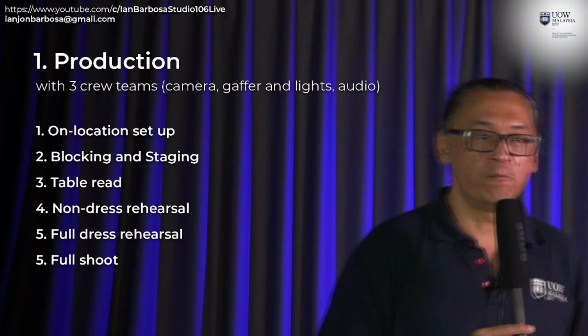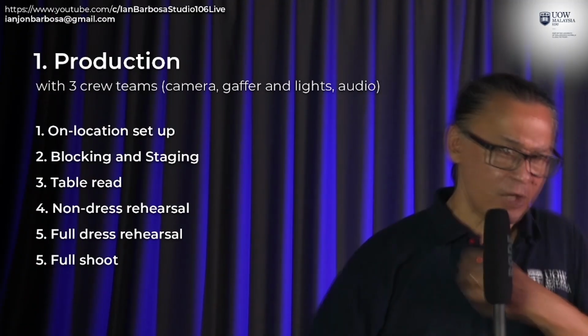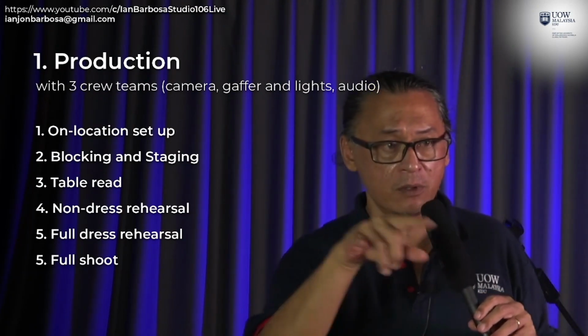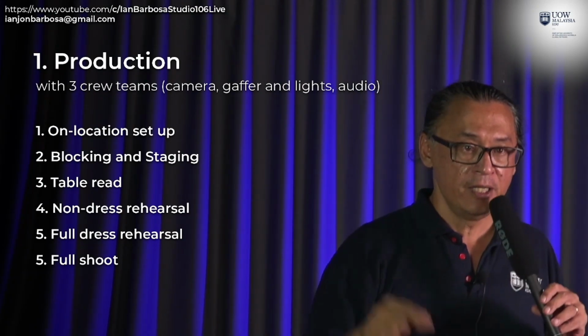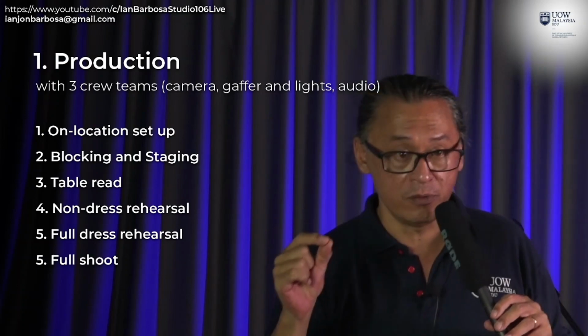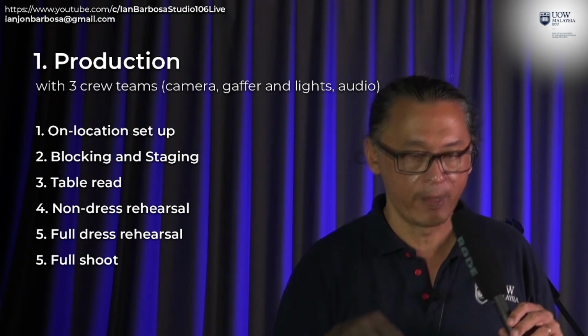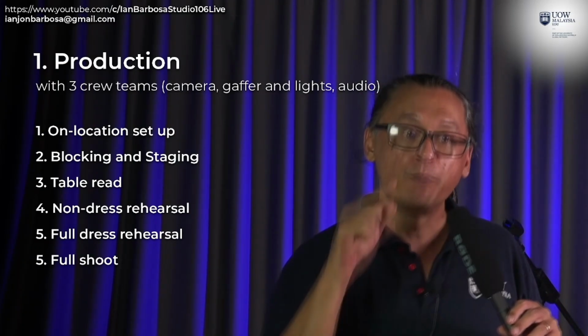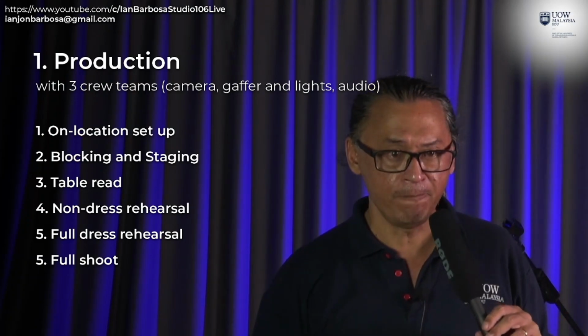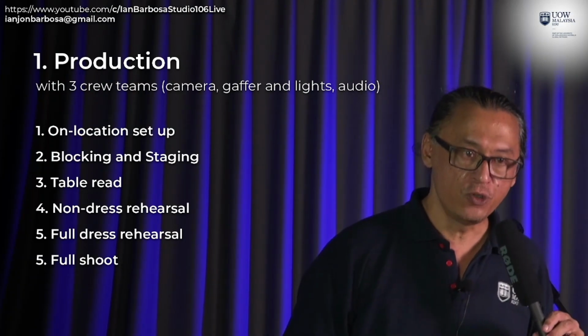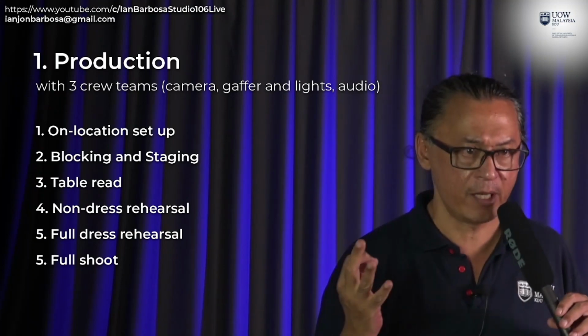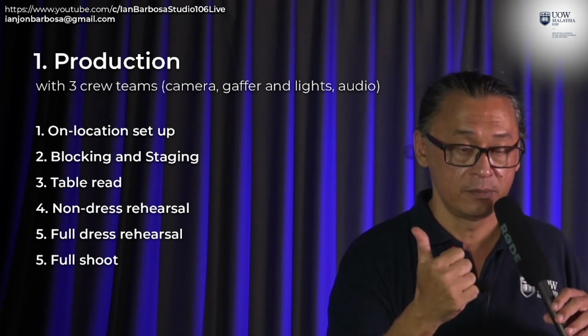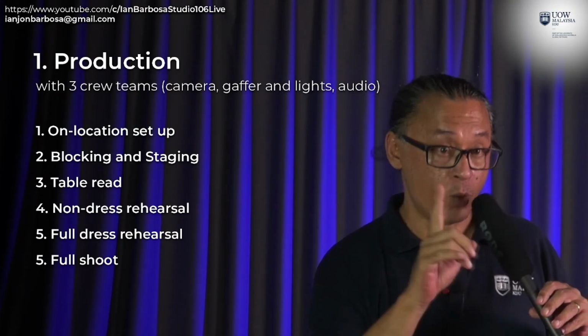Okay. Now, tomorrow's video, I will talk a little bit about the next step. Okay. The first step is pre-production, which is before we shoot. The step that follows is production, which is this one. Okay. And usually a production crew consists of 3 teams. Okay. The camera people. I say people, that means it's not one person.